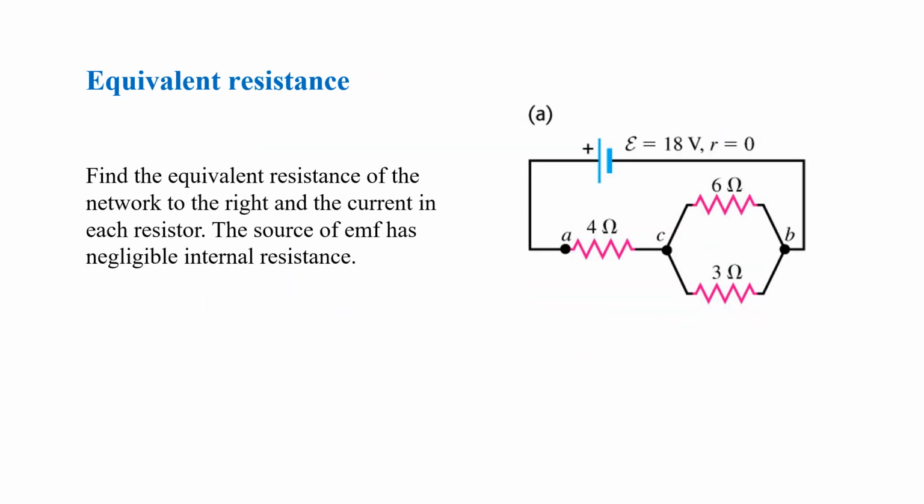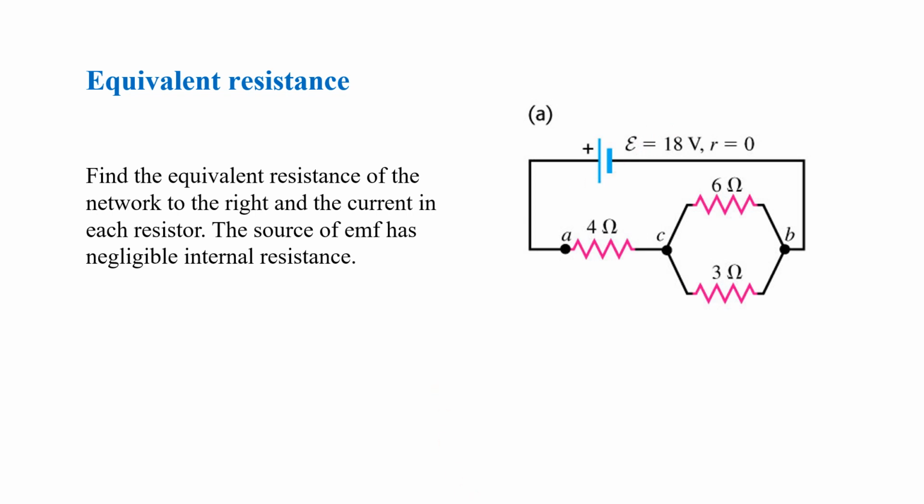Let us have this example. Find the equivalent resistance of the network to the right and the current in each resistor. The source of EMF has negligible internal resistance. In this network, you have three resistors: a 4 ohm resistor, a 6 ohm resistor, and a 3 ohm resistor. Your source of EMF is equal to 18 volts, with no internal resistance.